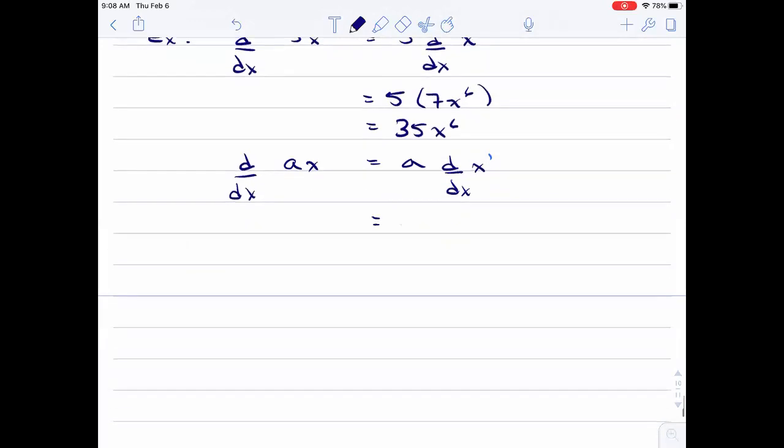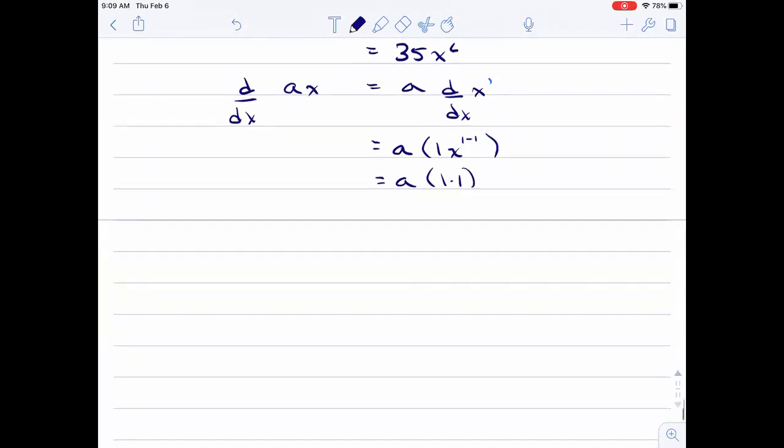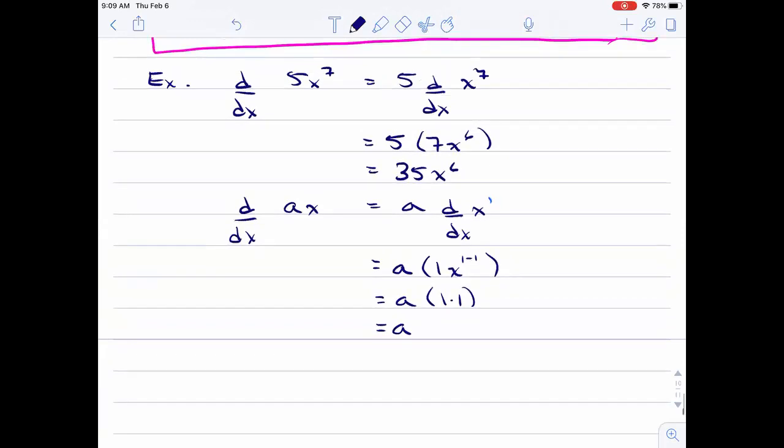Because then what happens is we have a times 1 times x to the 1 minus 1. Anything to the power of 0 is 1. So we get a times 1 times 1. It's just a. But from now on, if we've just got x, the derivative of x is just 1, so you don't have to show it every time. I just wanted to show you where it came from.